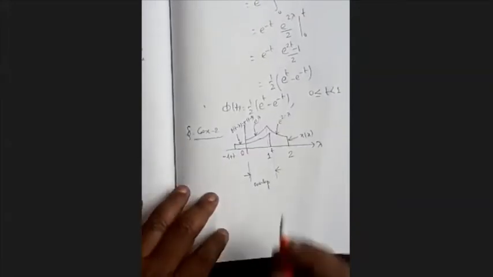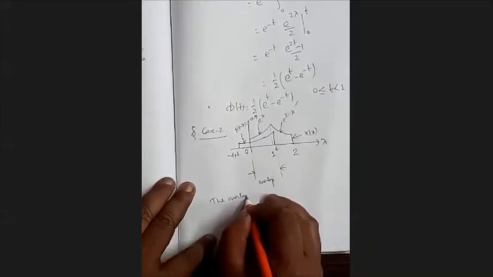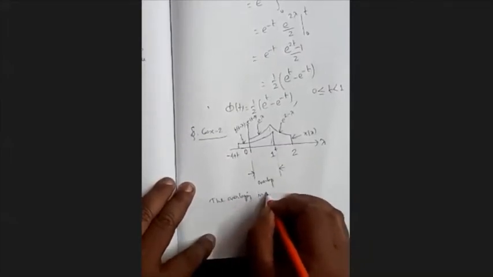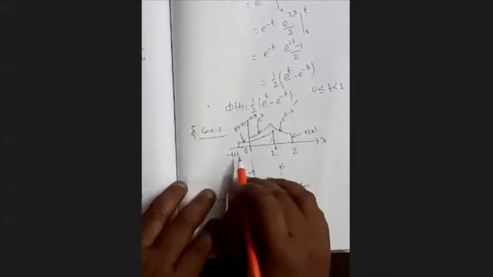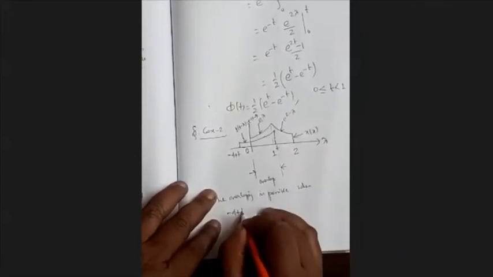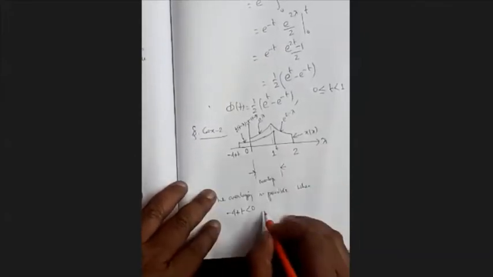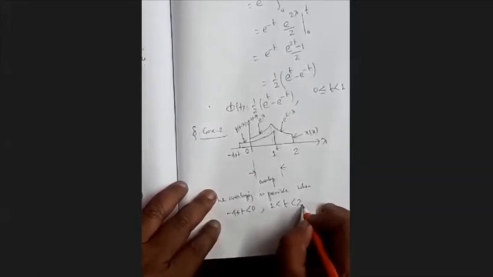The overlapping is possible when, at one condition, minus 4 plus t is as usual less than 0, and t should be greater than 1 and less than 2.